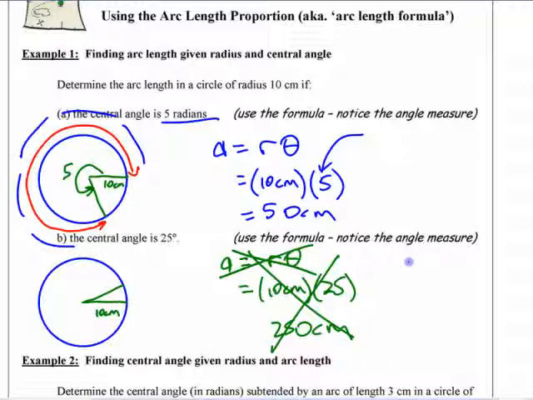So your choices are either to memorize the other formula as well and understand the difference, or I would suggest that you know how to convert angles, and then you can do this. If you want to convert degrees to radians, we have looked at this, you can just multiply by pi over 180.